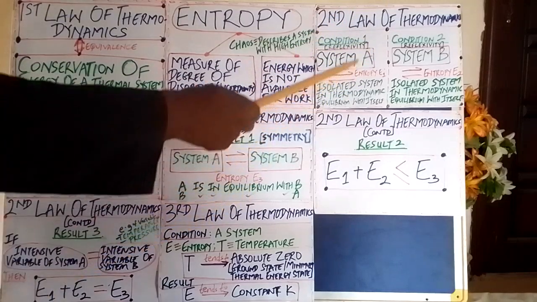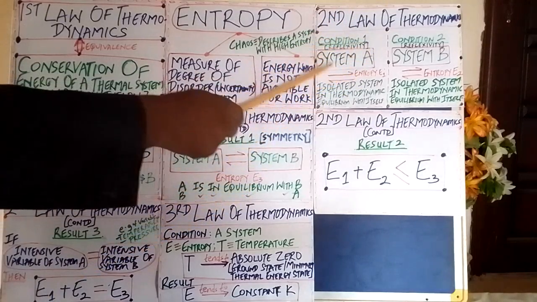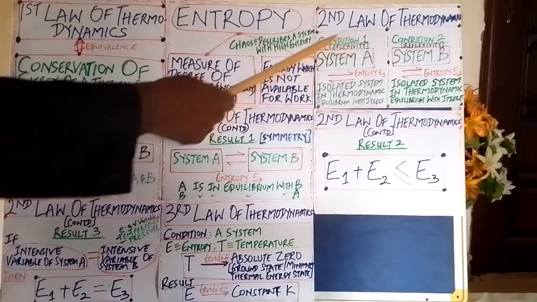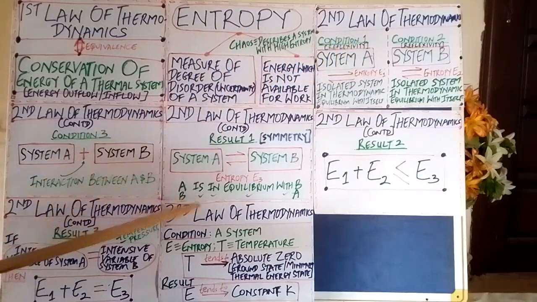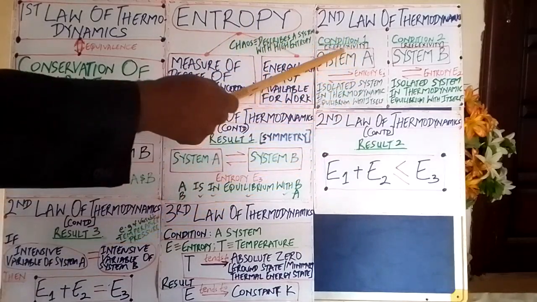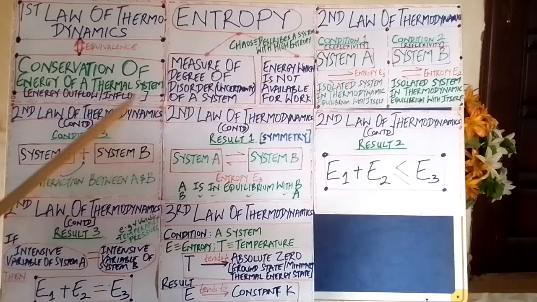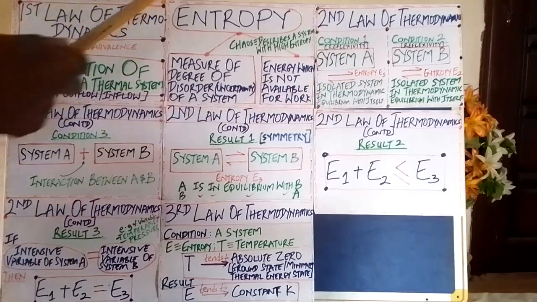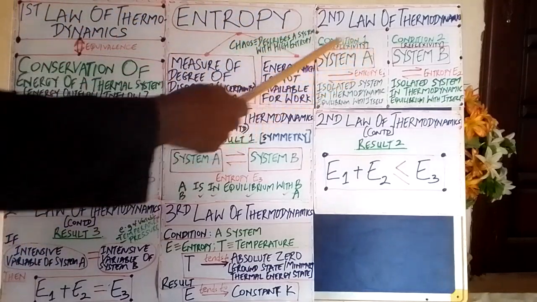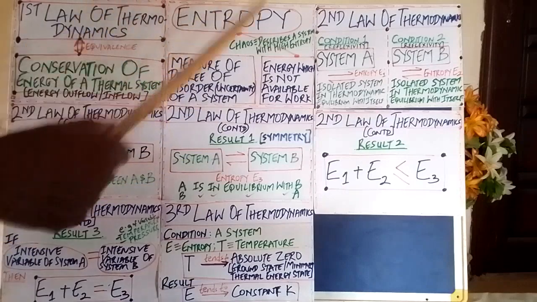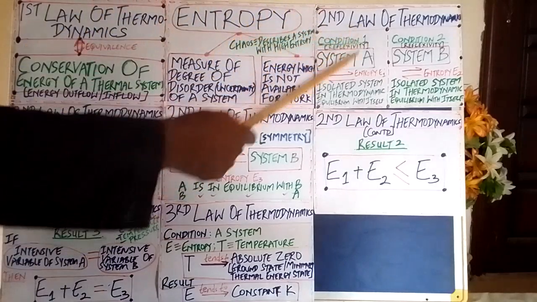So that is the system A. Indirectly, system A obeys the concept of reflexivity, in the sense that if I have a system A that is in thermodynamical equilibrium with itself, and I define a relation on that system A, then you can say that that system is in thermodynamic equilibrium with itself.